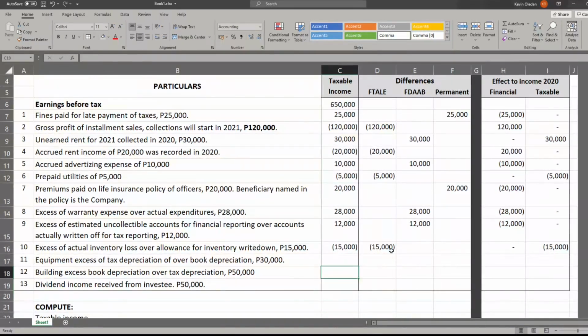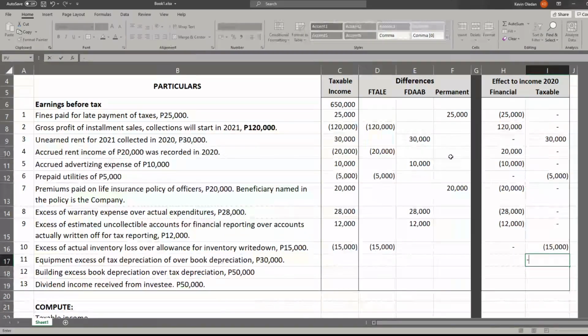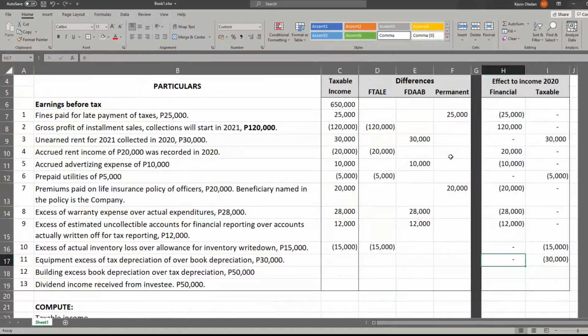11, 12, and 13. Equipment excess tax depreciation over book depreciation. Mas mataas daw ang depreciation sa tax. How much? 30,000 ang sobra. So, excess tax depreciation, ang mangyayari dito, mas mataas. Saan mas mataas? Financial. Mas mataas ang financial income kesa sa taxable income kasi may i-deduct ka for tax purposes.